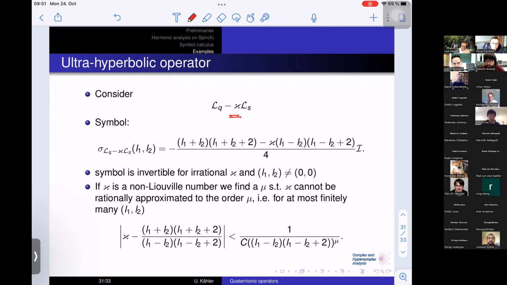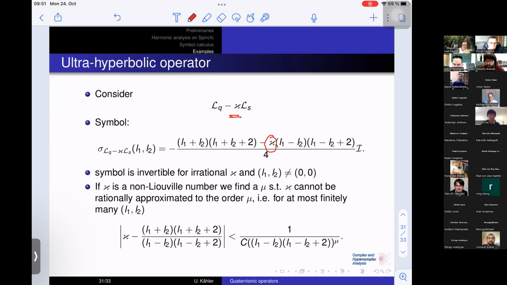But if you look at the symbol, one realizes another thing. Well, this guy here actually makes sure that if we have an irrational phi, we have a chance that the symbol is invertible. In fact, then the symbol is invertible because there's no cancellation.